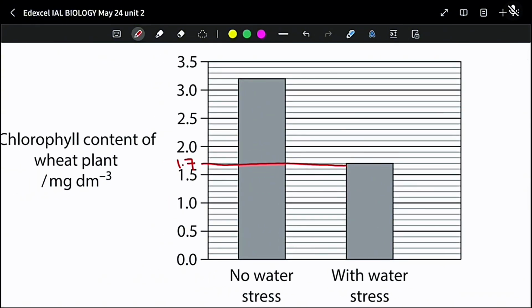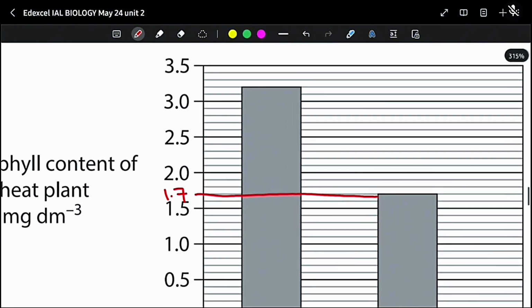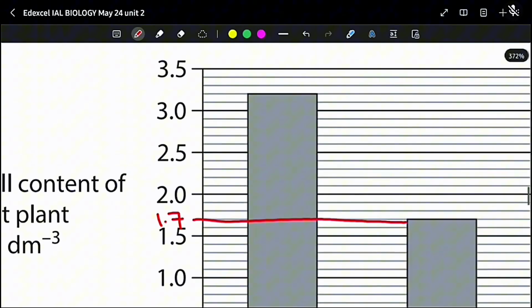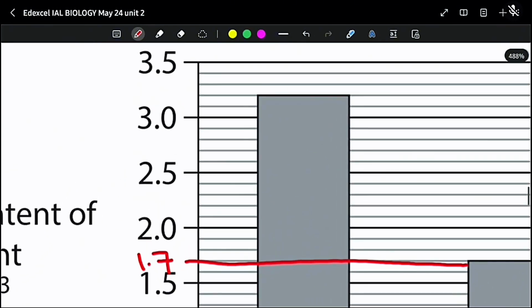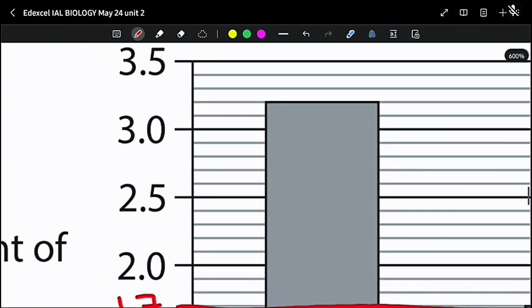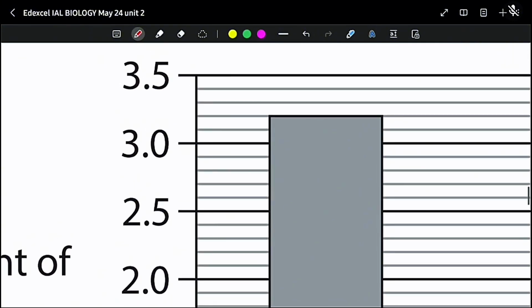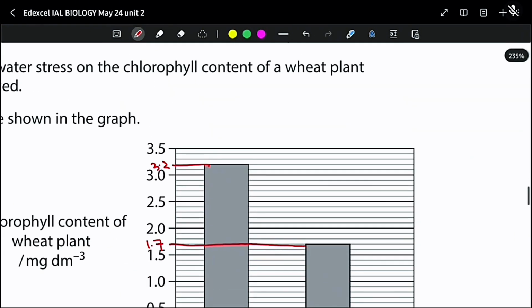And for no water stress, this is 3.2, not 32. So 3.2 mg per dm cube.